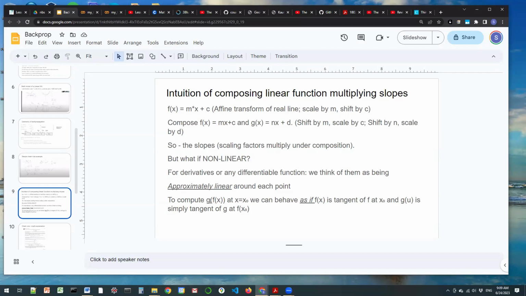So if you want to compute g of f of x, which is a composition of two functions, g and f, at x is x0, we can behave as if the function f of x is the tangent of f at x0, and g of u is the tangent of g at f of x0.